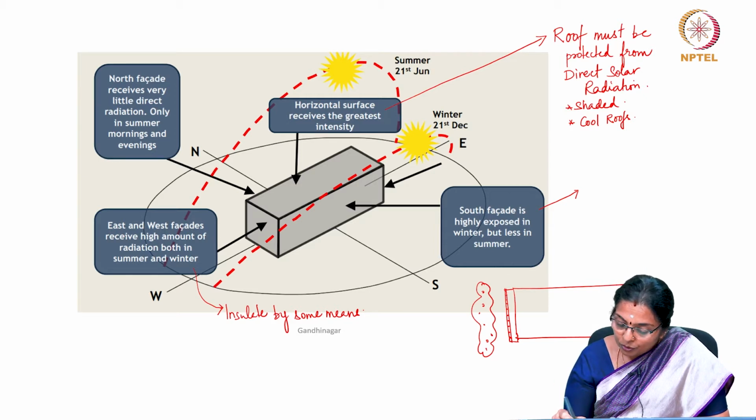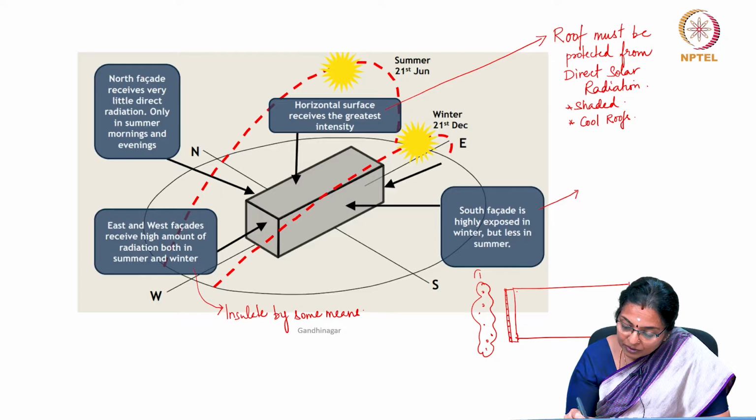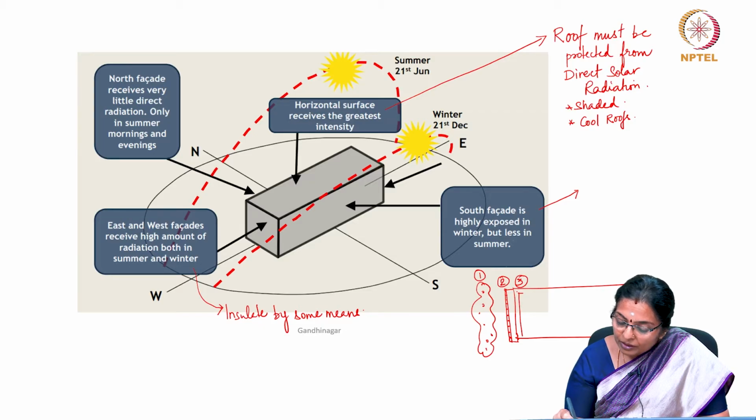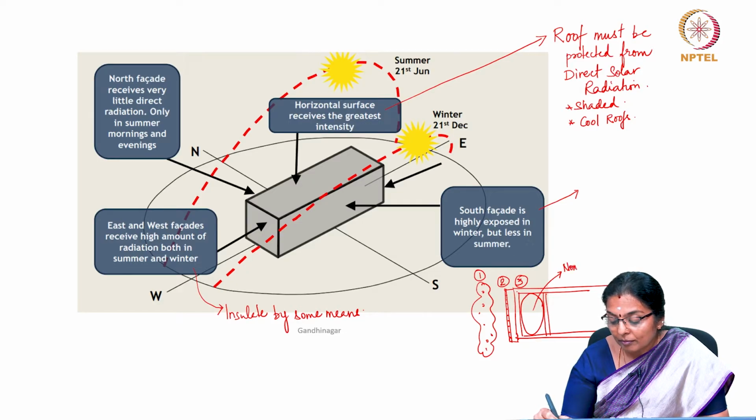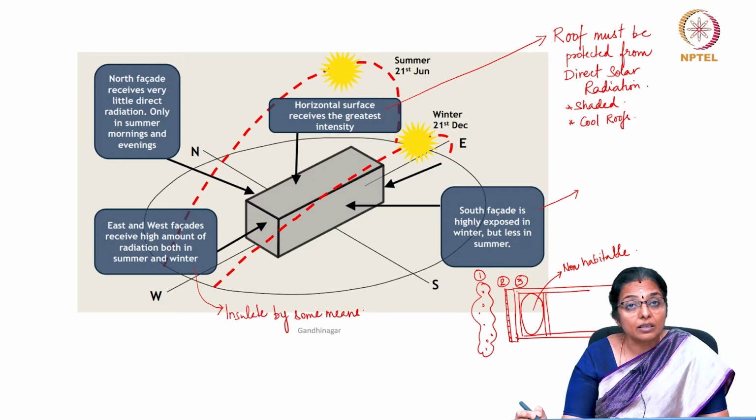So this is option 1, this is option 2, and option 3 is that you could also have areas which are non-habitable. We had seen what these areas are likely to be. They could be storerooms, toilets or staircases.